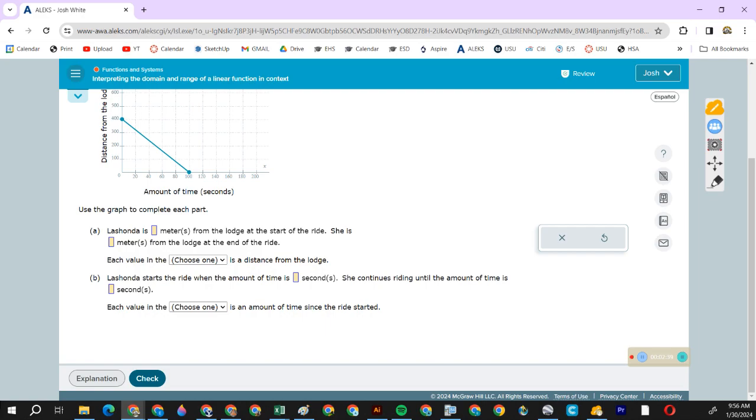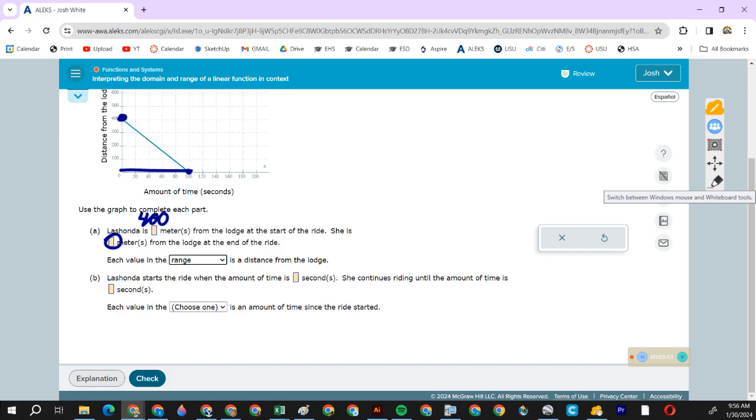Use the graph to complete each part. LaShonda is blank meters from the lodge at the start of the ride. So this is time 0. So she is 400 meters from the lodge. And at the end of the ride, she is 0 meters from the lodge. So each value in the range, the y values, is a distance from the lodge.